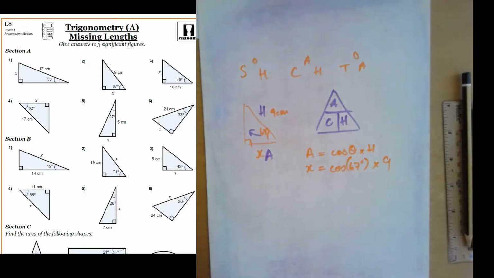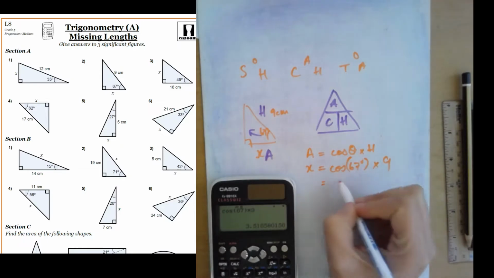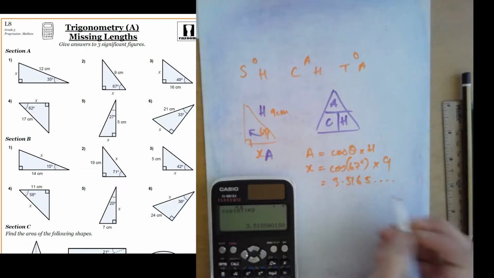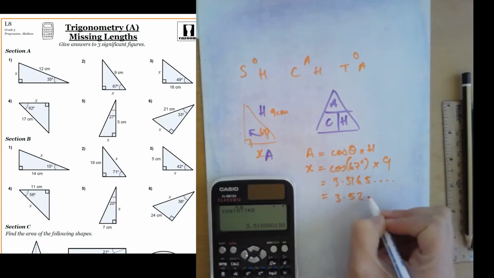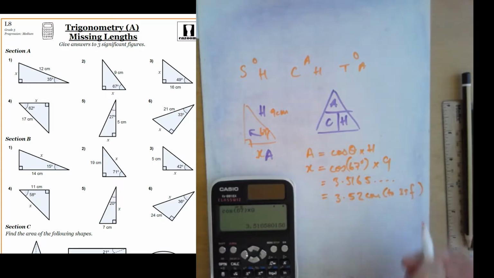So we're going to have cos 67 times 9, which is 3.5165 dot dot dot. Okay, and they want 3 significant figures, so 3.52 centimeters to 3 significant figures. Okay, hopefully that should be fine.